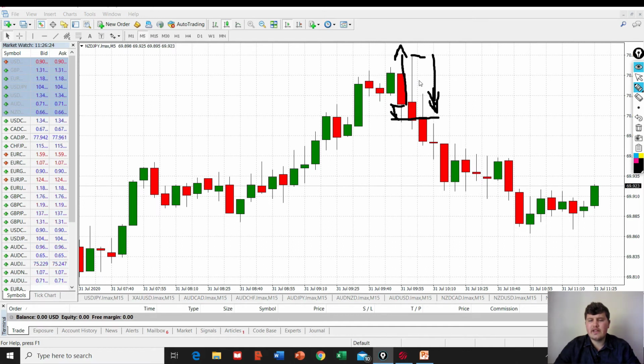So in this example, the bears won, and just like this candlestick, every candlestick has its own story, and with some experience and training, you learn to read and interpret each candlestick individually.